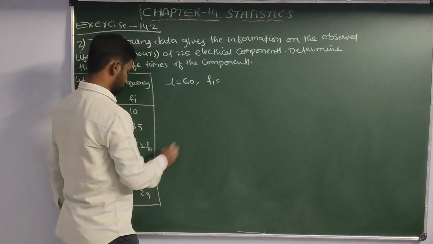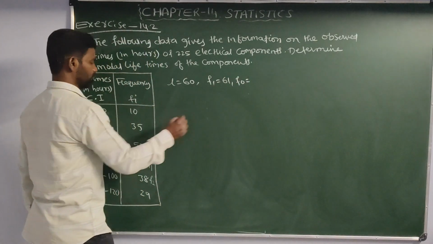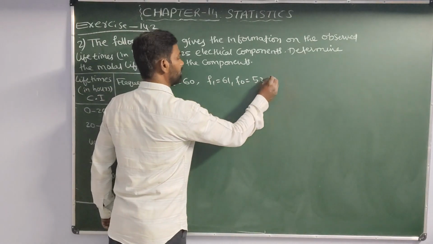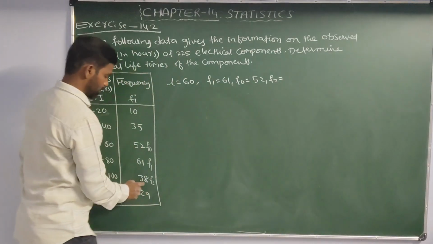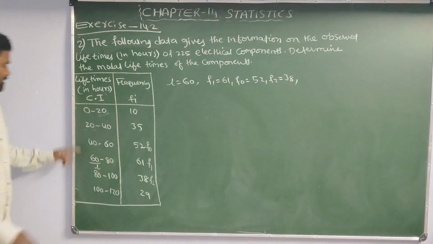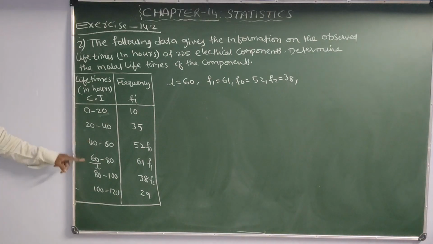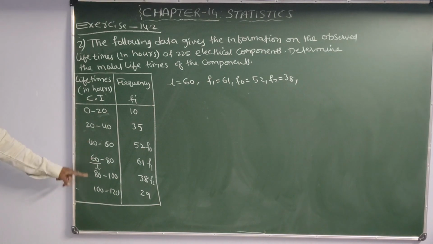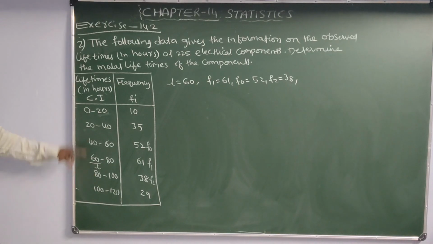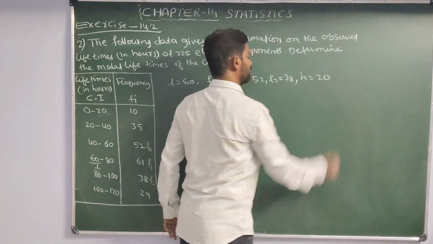F1 is equal to 61. F0 is equal to 52. And F2, from the table, it is 38. And what is the H value? 40 minus 20, it is 20. 60 minus 40, it is 20. 80 minus 60, it is 20. 100 minus 80, it is 20. Or 20 minus 0, it is 20. So H value is equal to 20.